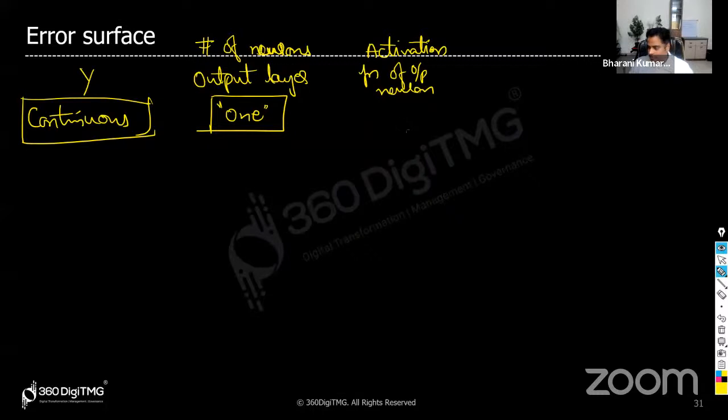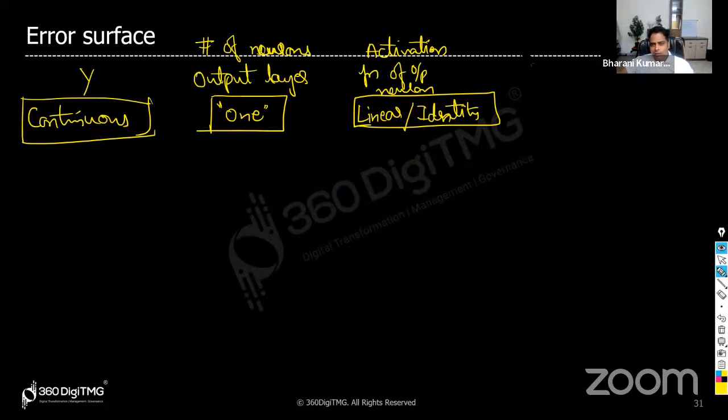We have already discussed. Activation function of output neuron. When your output variable is continuous, what do we use? Yes, absolutely. We use linear, which is also called identity. Wonderful. Thank you so much. I'm really happy that you're able to answer. So that means it got internalized.